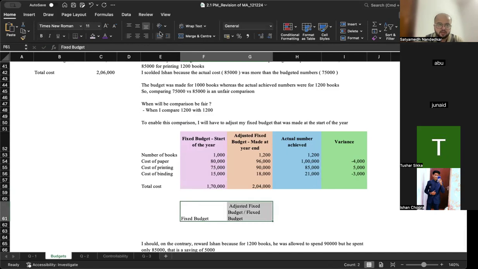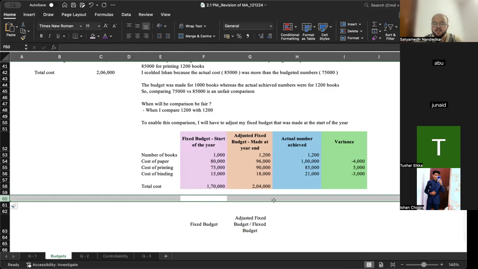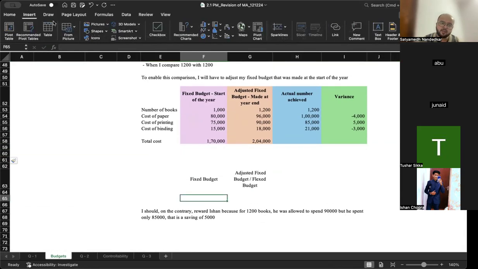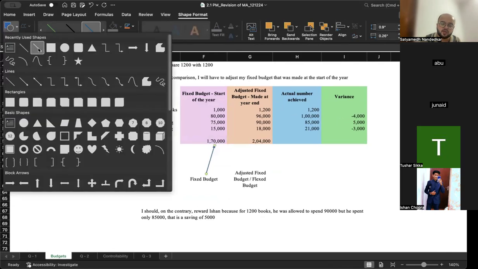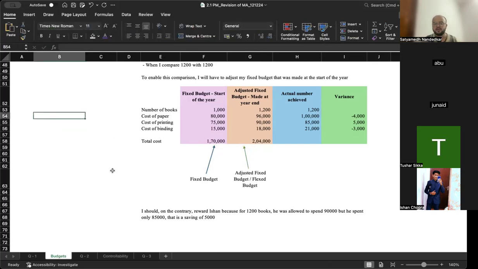This is fixed, this is flexed, and these are the actual numbers achieved. So flexed budget is nothing but adjusted fixed budget. Fixed budget adjusted to actual numbers achieved, that is known as your flexed budget. Okay, so this is a term that you have to be aware of.